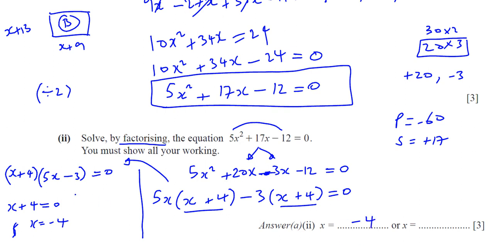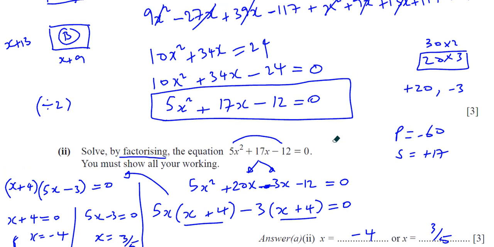Or 5x minus 3 is 0, in which case x is positive 3 over 5. You add 3 to both sides and then divide by 5. So x is 3/5.